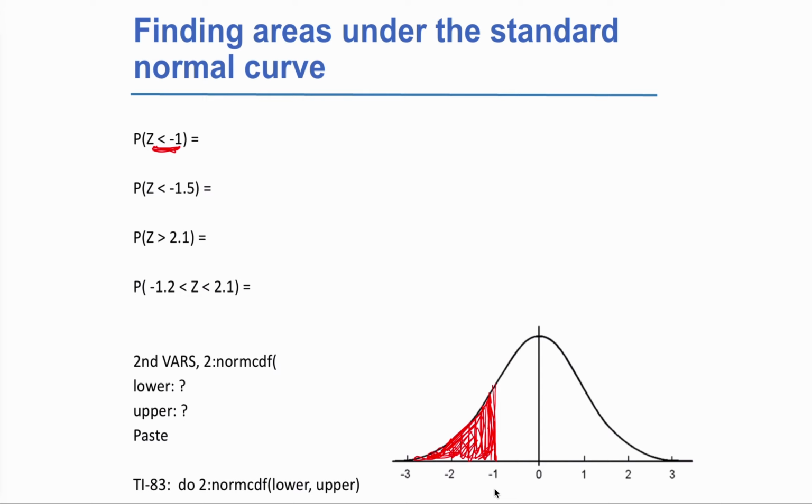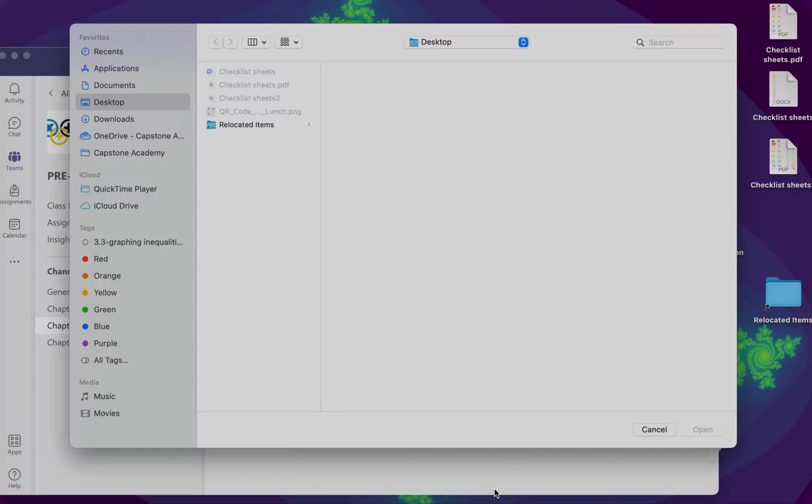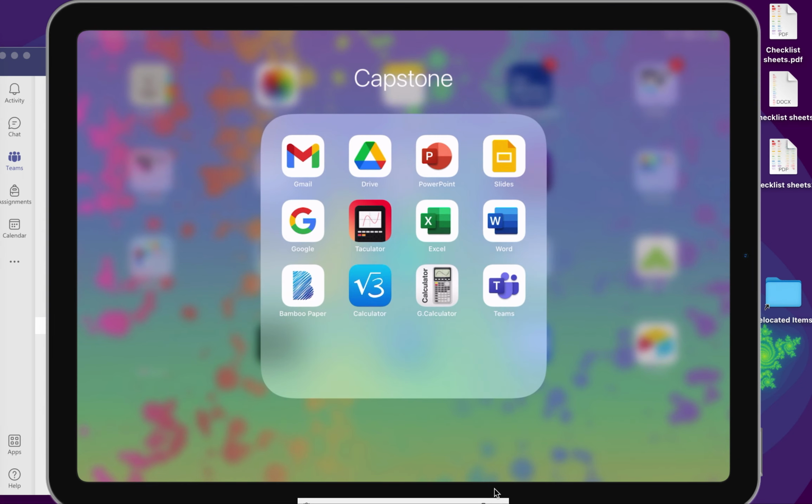So on your calculator, you're going to press the button that's right above vars. Let's see if this is going to mess up my recording. It's probably fine.